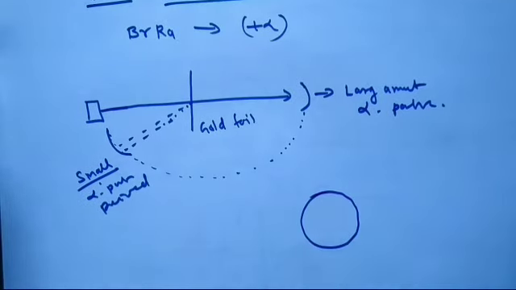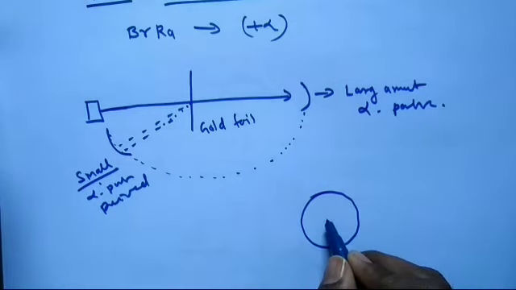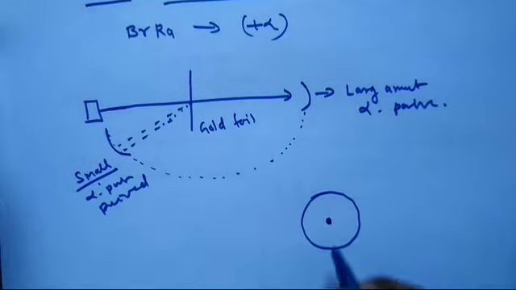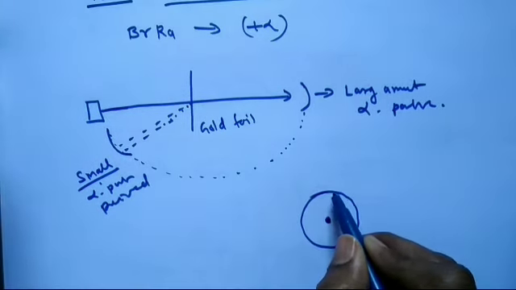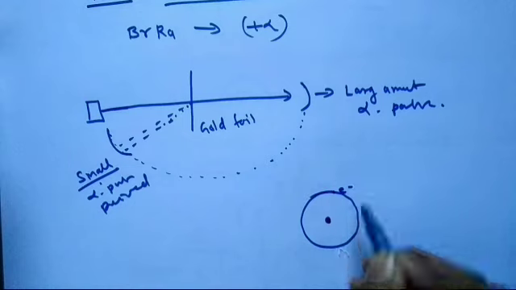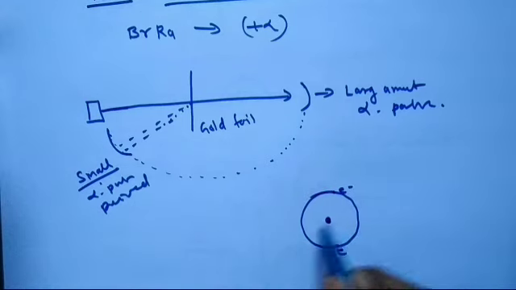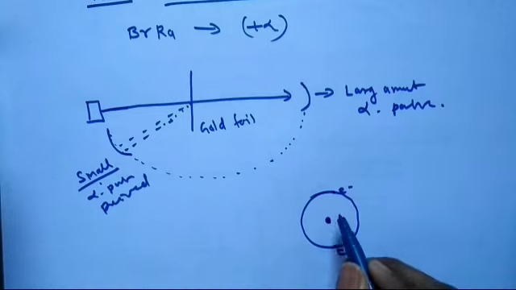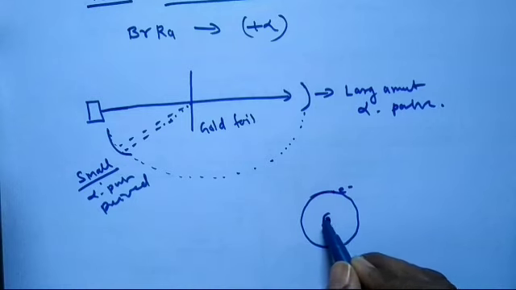So Rutherford concluded that there is something solid inside the atom, and electrons revolve around the solid part inside the atom. That solid is positively charged, and is called the nucleus.